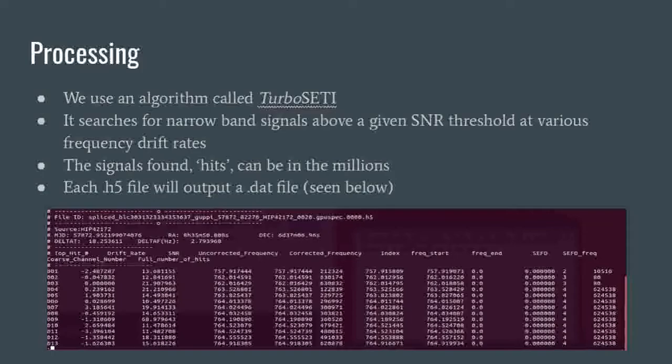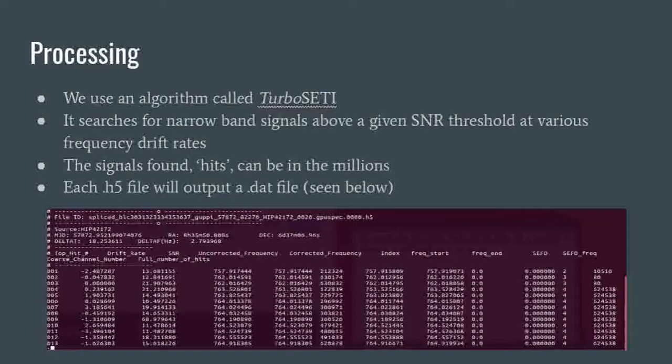Once these signals are found, we call them hits, and they can be numbered in the millions. Each H5 file, which corresponds to one given observation, will output a .dat file with every hit found logged inside of it. An example of a DAT file is shown below. It contains a bunch of different types of information that are important.